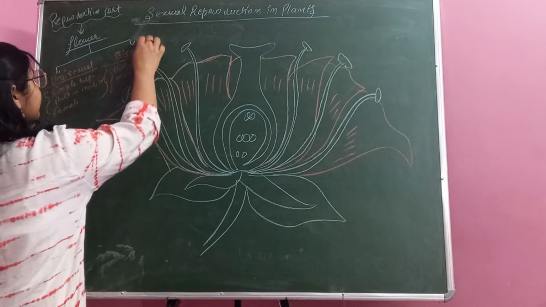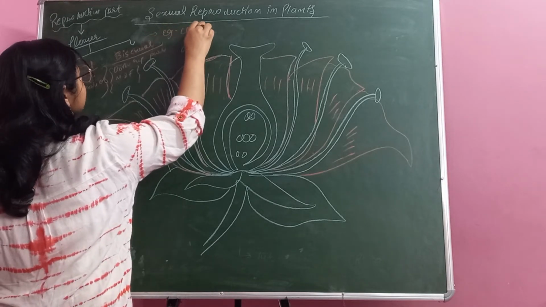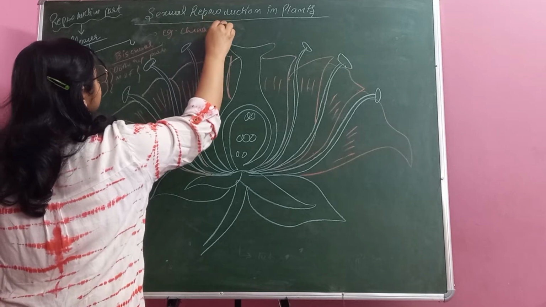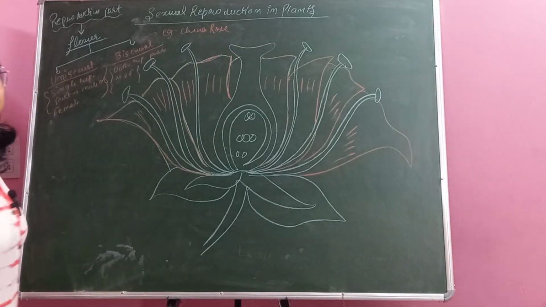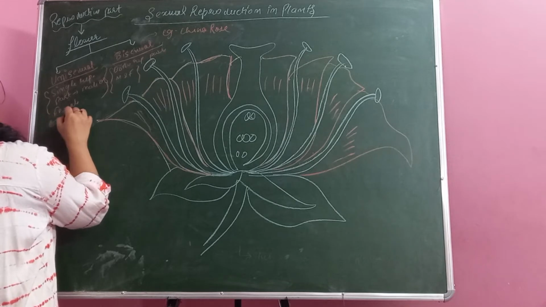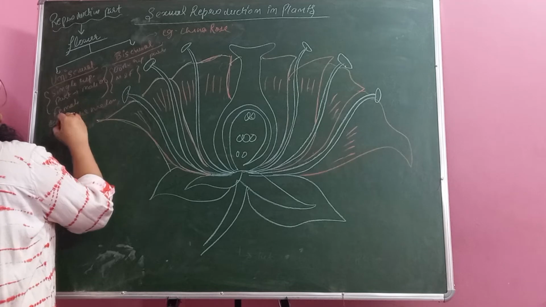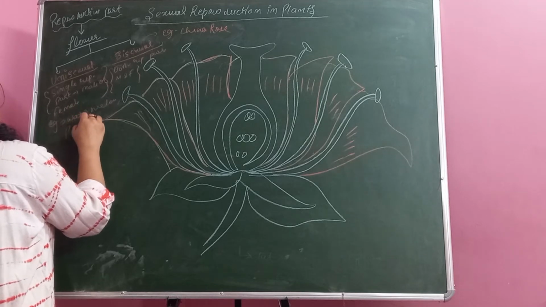Example for this is China rose, the best example. Bisexual flower: China rose, mustard. For unisexual flower, the example can be watermelon, papaya, etc.